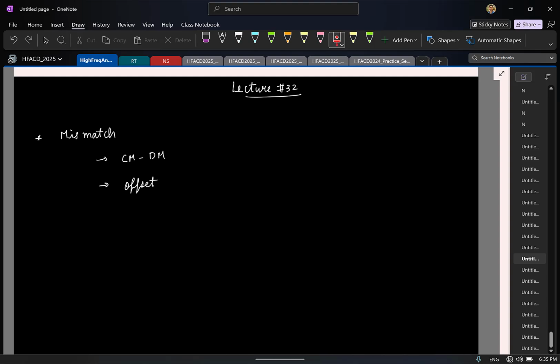And what is one brute force way to reduce mismatch in all circuits? Increase area. That is one brute force way. But it turns out there are other circuit techniques that can be used to eliminate offset. And even for this common mode to differential mode conversion, if you have a very good common mode rejection, this gets resolved. And how can you get a good common mode rejection? Or first of all, what is giving you common mode rejection in your diff amp?